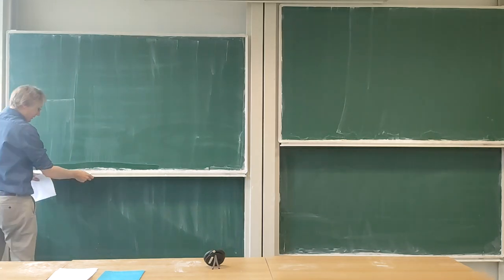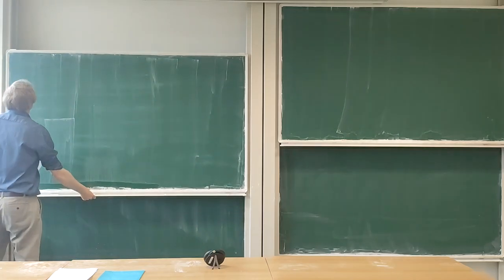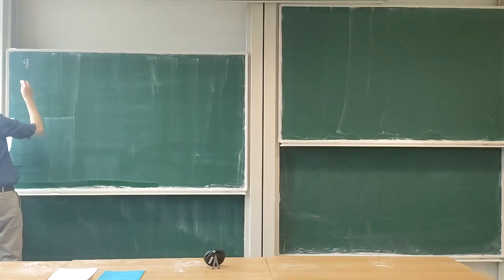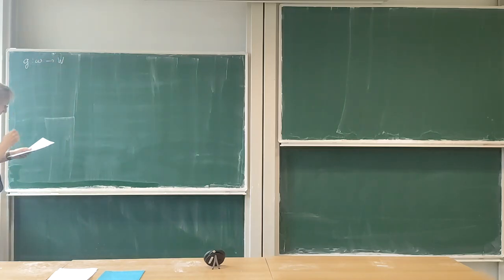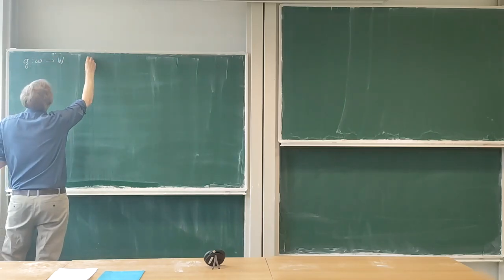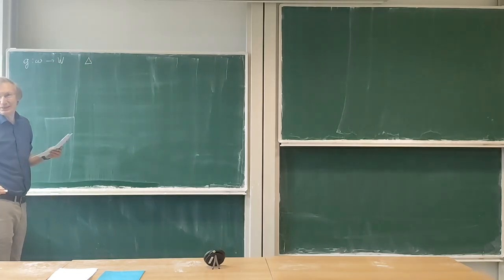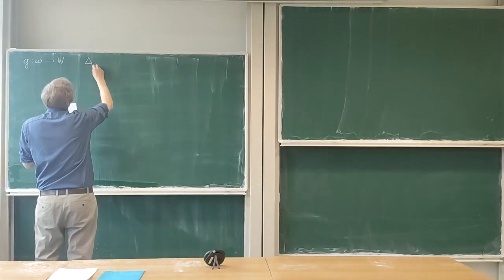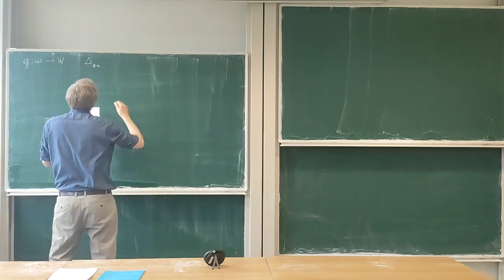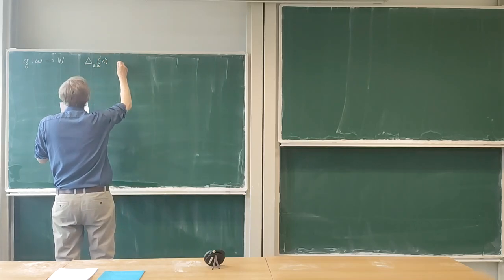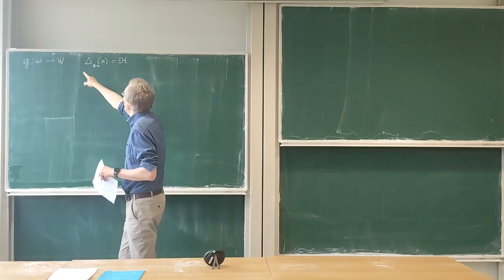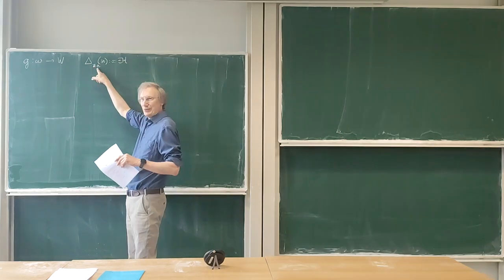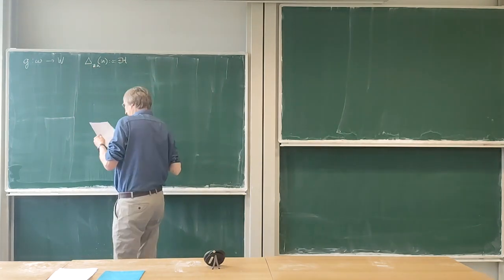So what we are doing, we are defining a function g from omega to our model W, along with the formulas delta of n, meaning g jumps immediately from w to u after n.